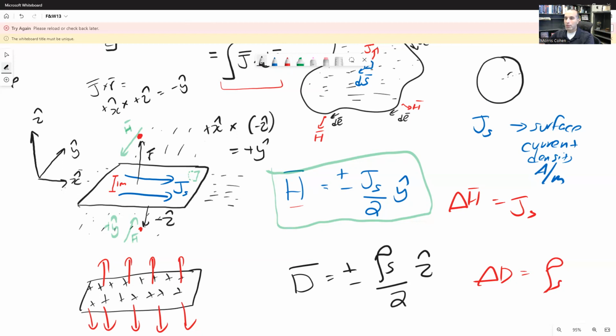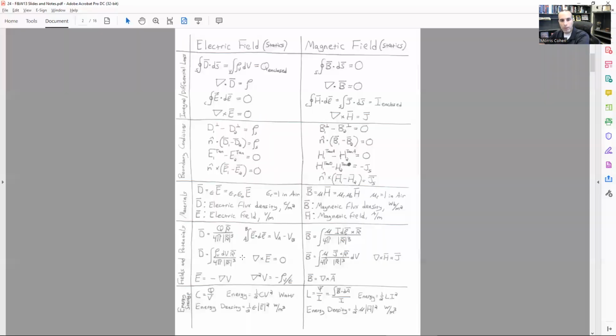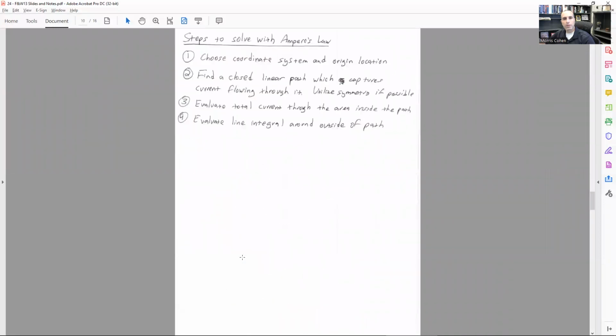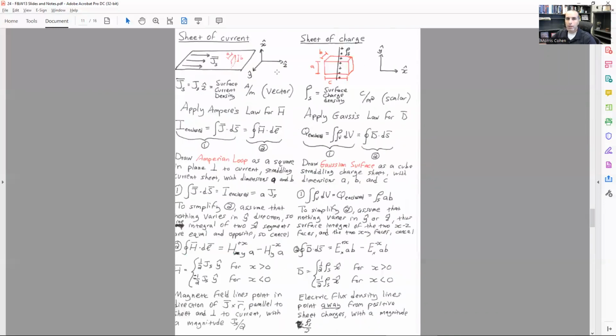The other thing that I want to point out is there is more detail about the current sheet and the charge sheet, and I'm going to call that up real quickly and show you. Yeah, so here is showing the duality between sheet of current and sheet of charge, which are basically the same thing, just electric fields and magnetic fields.